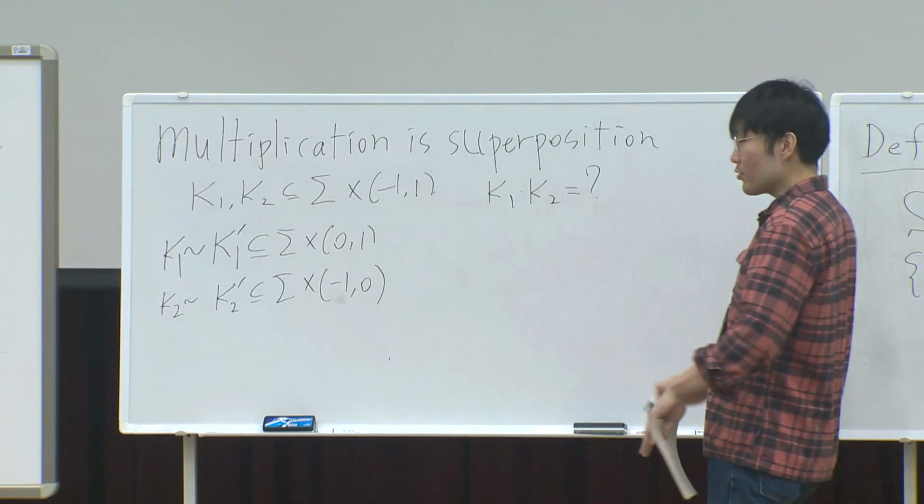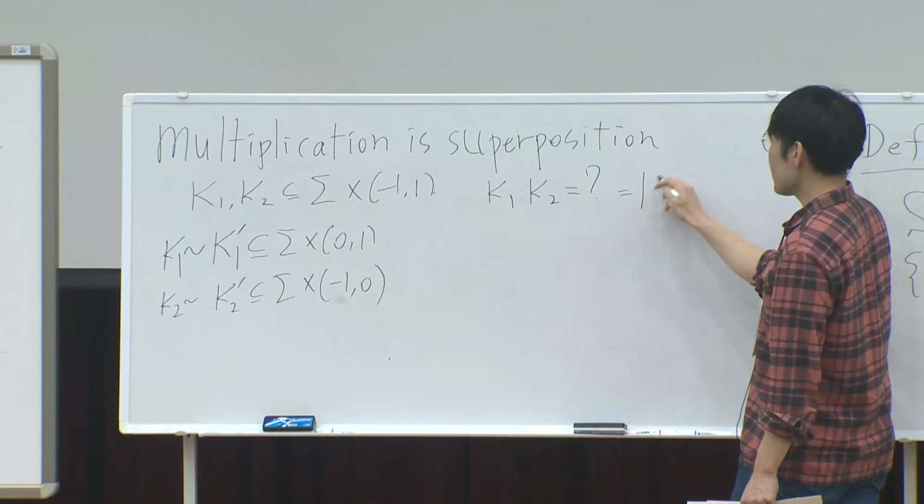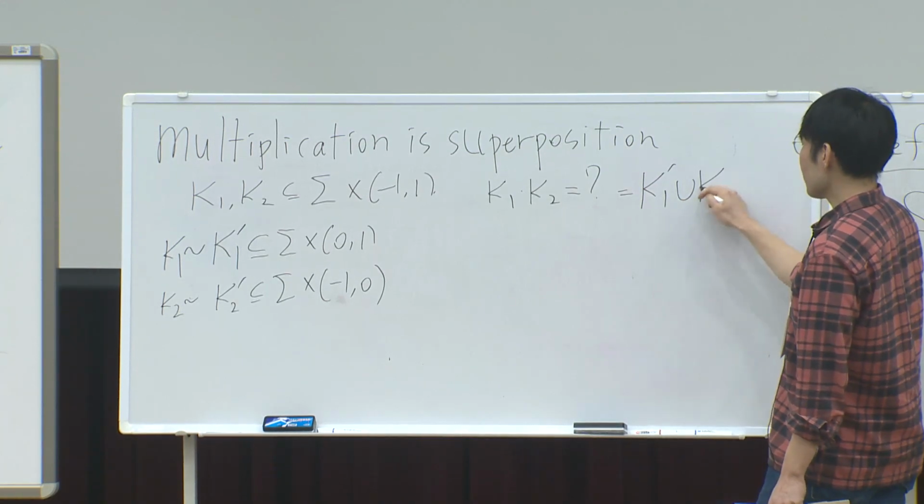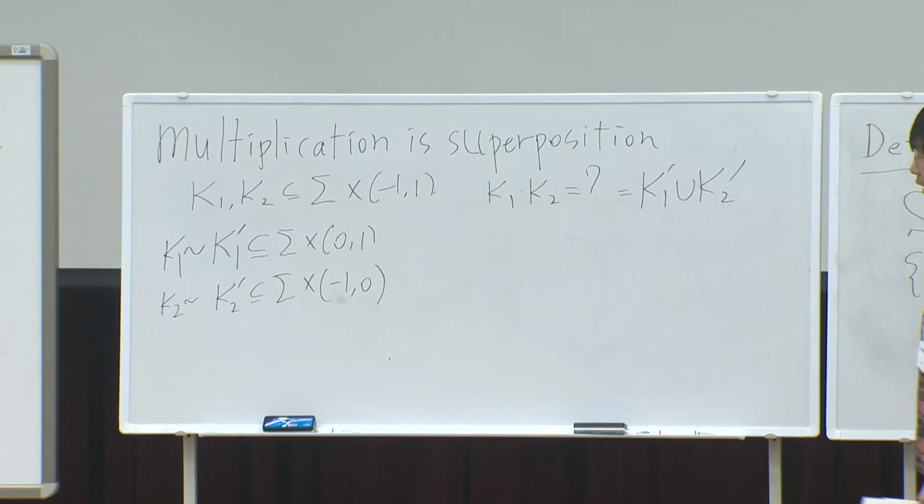And then you take the union. So this is the definition. So you're kind of putting K1 on top of K2. So that's the definition of the skein algebra.